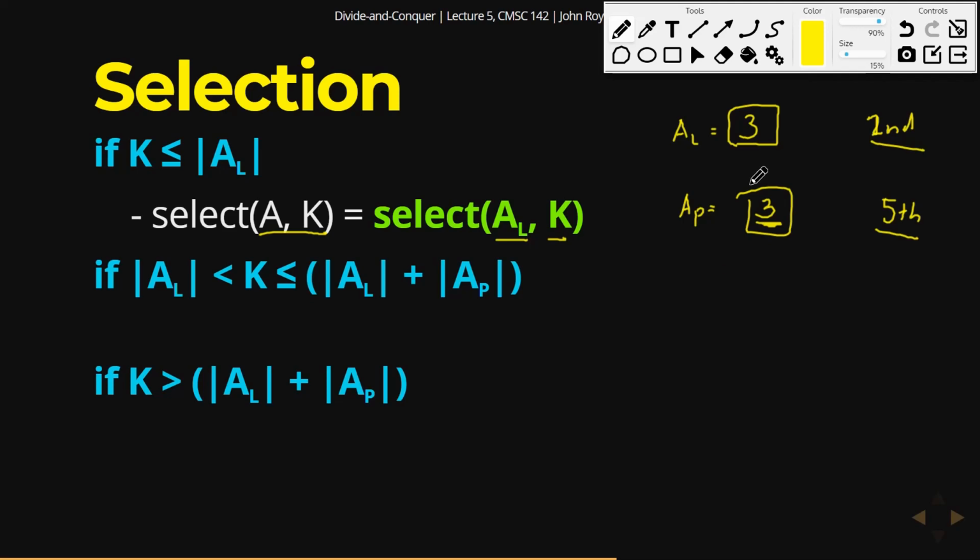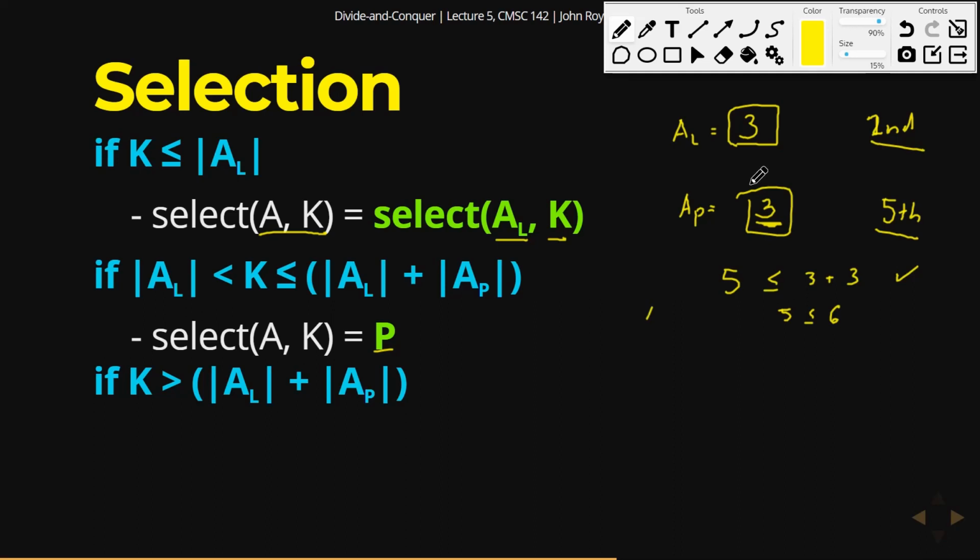So 5 is less than or equal to the 3 plus 3, which is good because 5 is less than or equal to 6, right? So it fits within A sub L plus A sub B. If that's the case, then we can reduce select A sub K to just P, the pivot, because we know that everything in A sub B is equal to the pivot number.